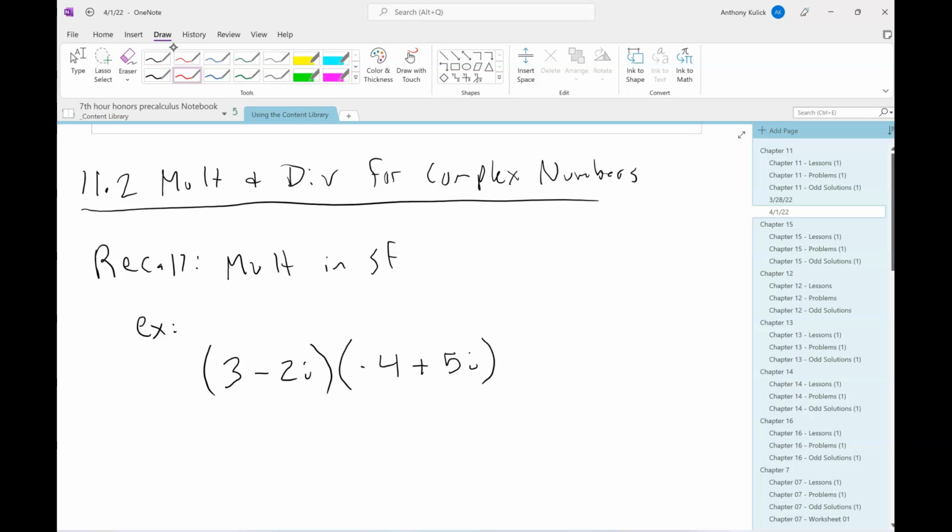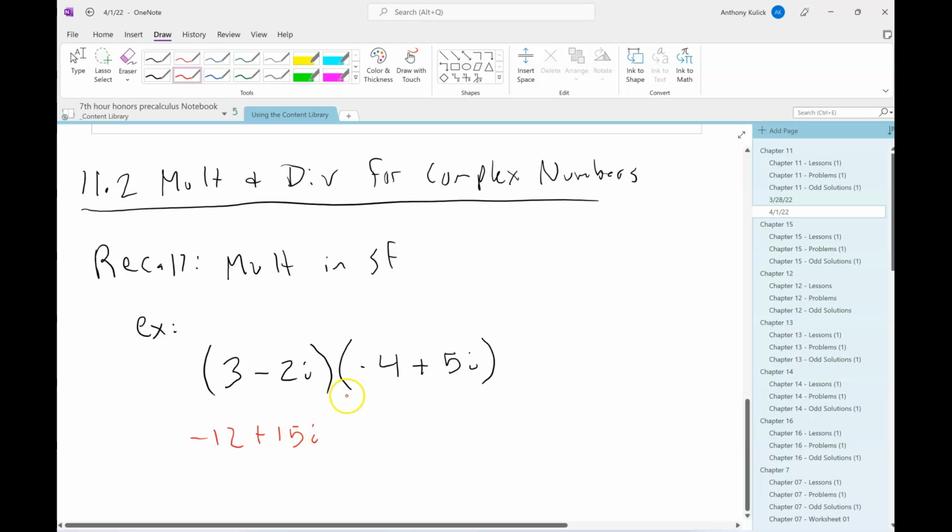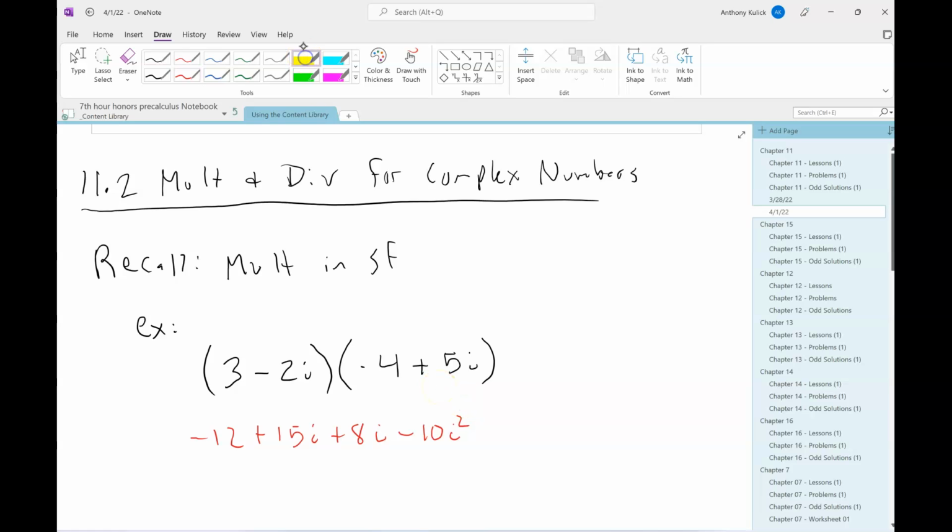We're going to FOIL. So 3 times negative 4 is negative 12. 3 times 5i is 15i. Negative 2i times negative 4 is positive 8i. And negative 2i times 5i is negative 10i squared. Everybody cool with that foiling? Hopefully you notice that there's an i squared there. What's i squared equal? Negative 1.